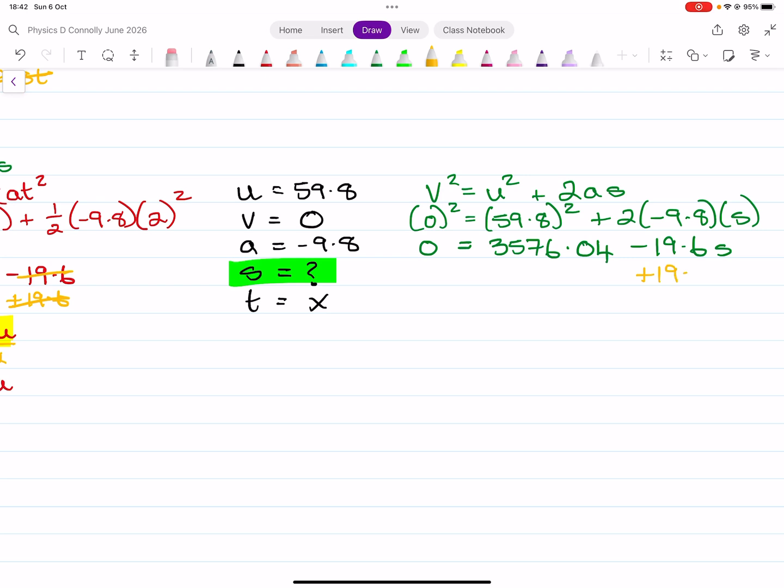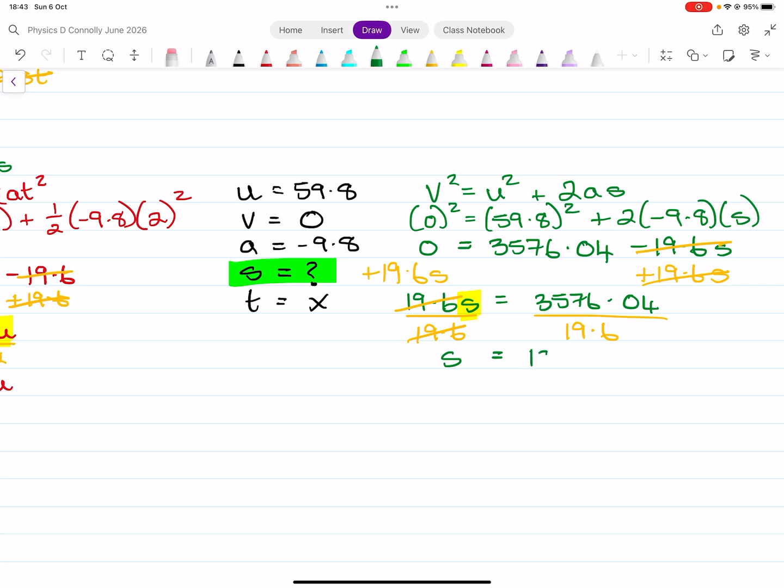If I plus 19.6S, I'll get rid of that, but if I do that on the right, I have to do it on the left. 0 plus 19.6S is just 19.6S, and that equals 3576.04. Divided by 19.6 to isolate the S. So S equals 3576.04 divided by 19.6, which is 182.45 meters.